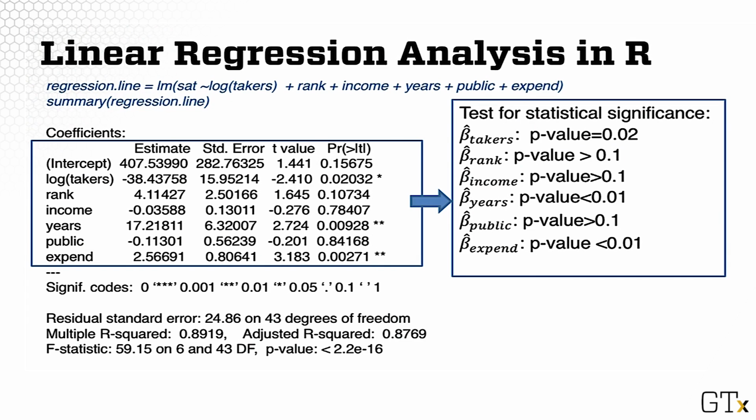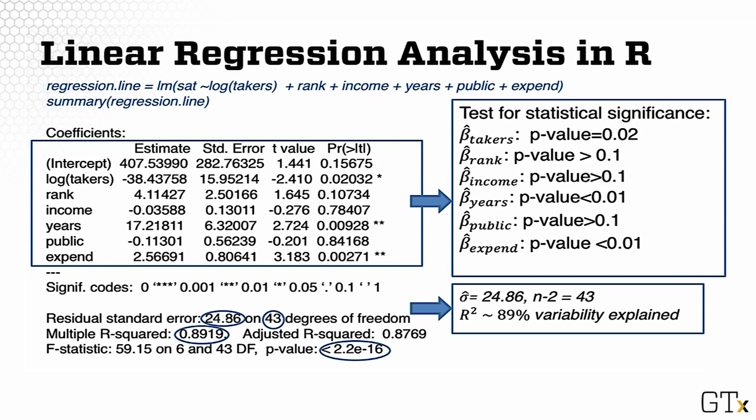The p-value is 0.02. However, now the predicting variable rank is not statistically significant anymore as compared to the model without transformation. The R-square improves slightly from 87.8% to 89%. The standard deviation of the error term decreases slightly also.